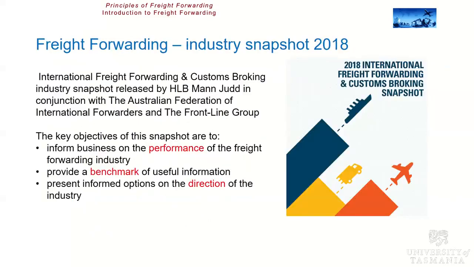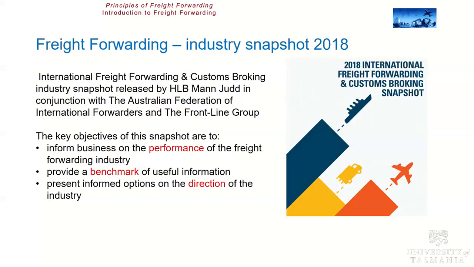Now, this slide is really just to give you a bit of a snapshot in terms of what the landscape for freight forwarding looks like in Australia. So this is the 2018 freight forwarding and customs broking snapshot.